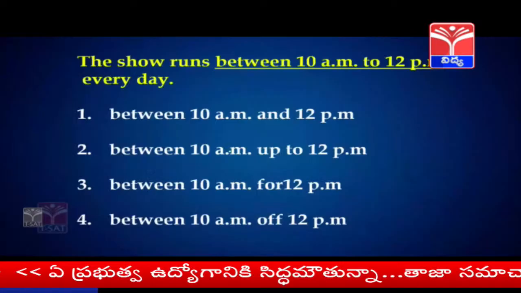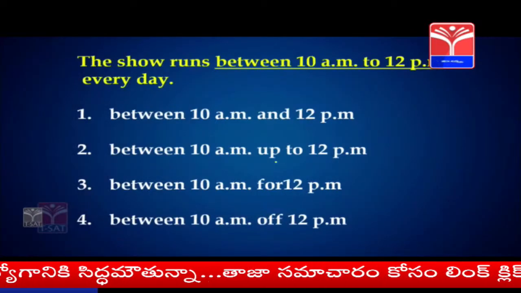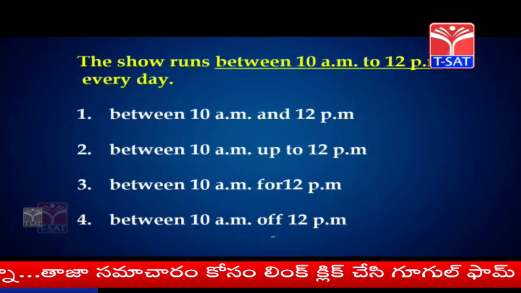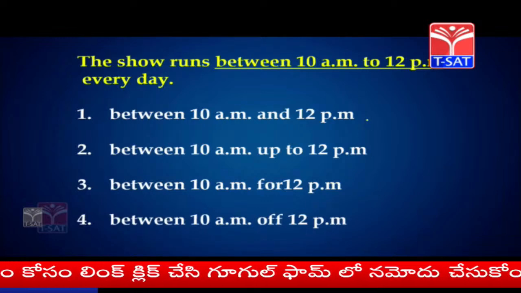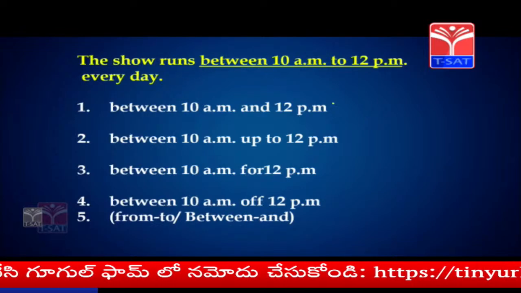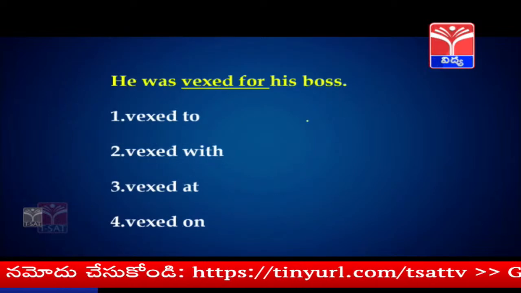So, we know from, to or from, until, but when we use between, it takes and. So, between 10 a.m. and 12 p.m., between 10 a.m. up to 12 p.m., between 10 a.m. for 12 p.m. and between 10 a.m. of 12 p.m. So, among the 4 options, the first one, the show runs between 10 a.m. and 12 p.m. every day, it is the correct one.